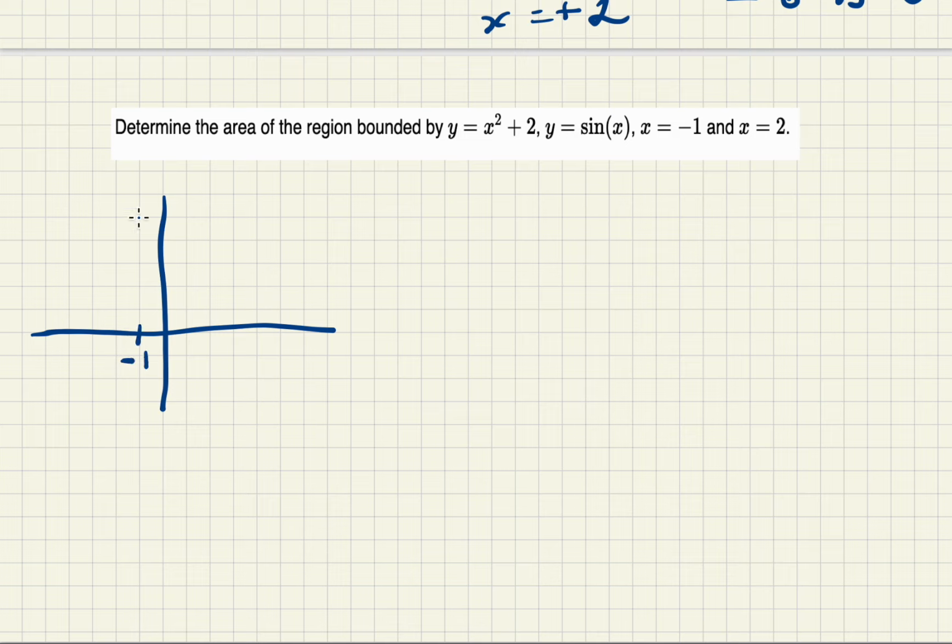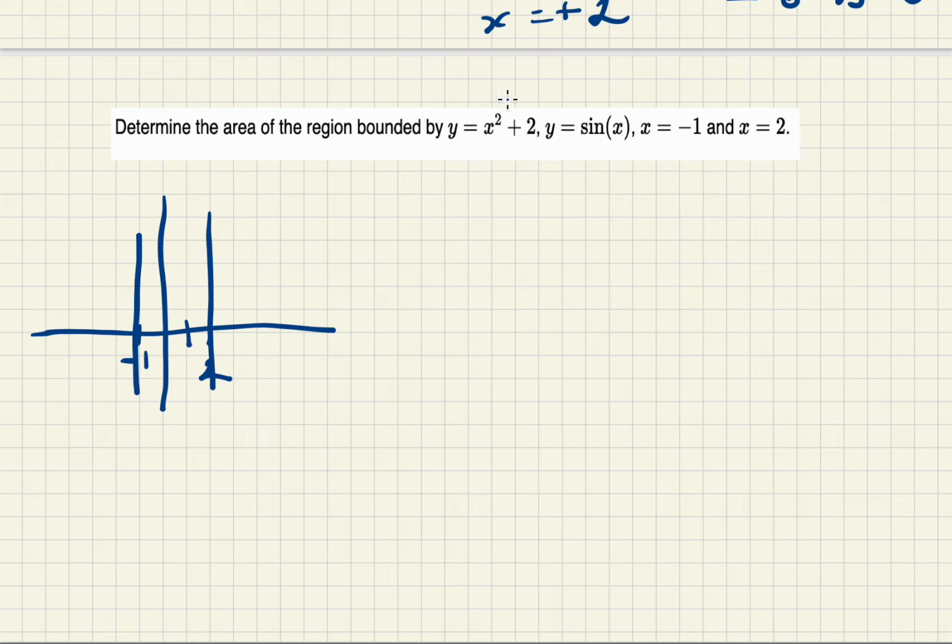This is our one vertical line, x equals negative 1, and x equals 2 is our next vertical line. So these are our two vertical lines, and these can be the bounds. This is where the area will not exceed.